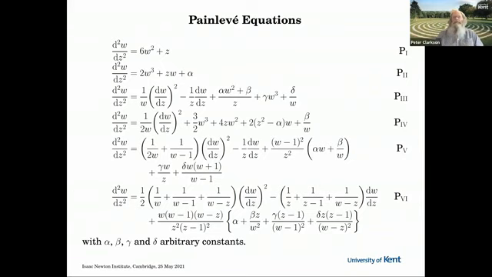Now, for the general solutions, we know they're transcendental for all values of the parameters. But for special values of the parameters for Painleve 2 through 6, we know that there are rational solutions that don't depend on any arbitrary constants as such. And it's those that I'm going to look at today.